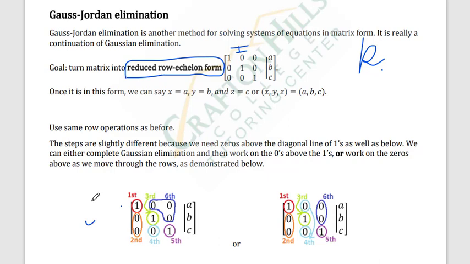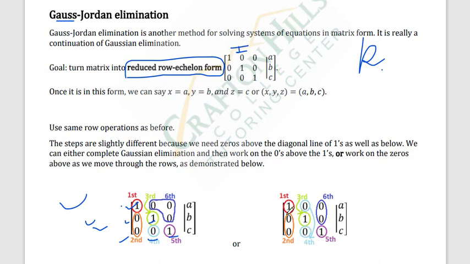In Gauss-Jordan elimination, the first step is to transform into upper triangular form like this. The second step is to make zeros below it, then third make this a 1, and fourth make this a 0, fifth make this a 1, and then sixth make all three a 0. So you can use this method.